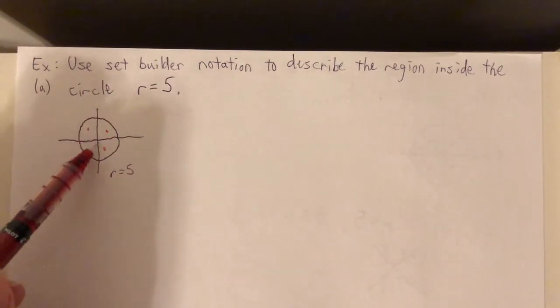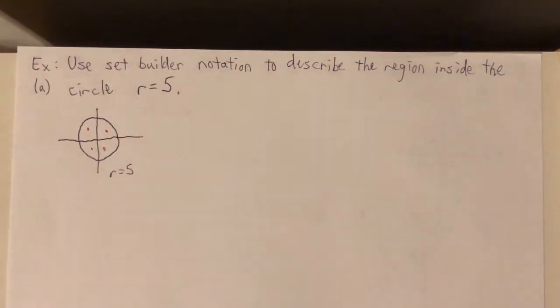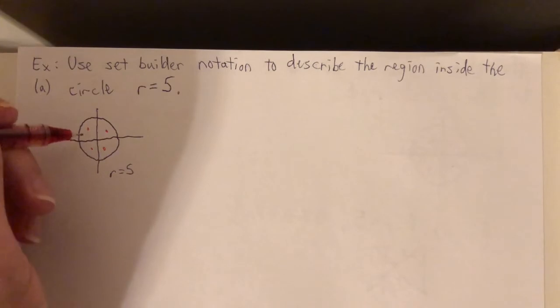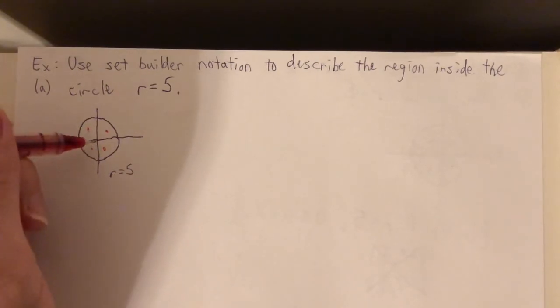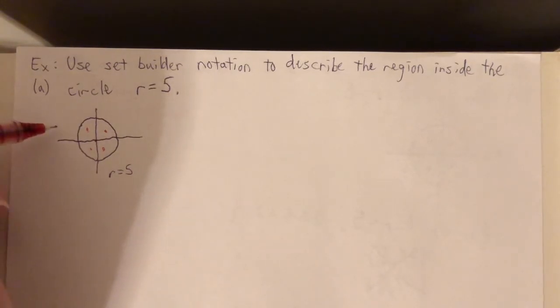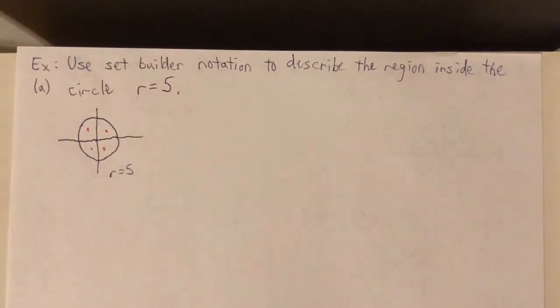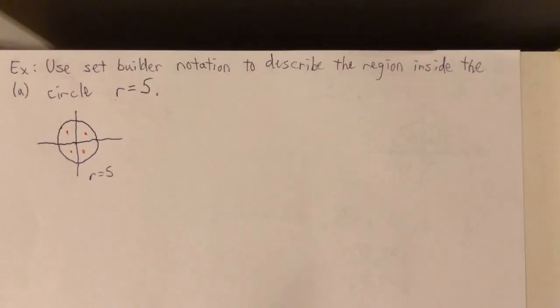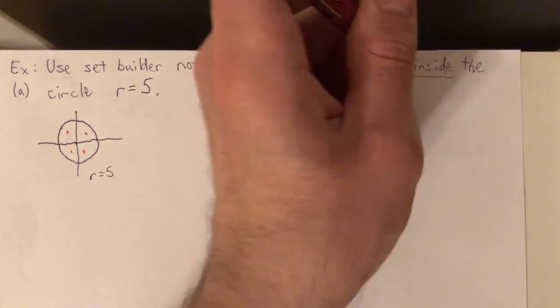So the circle, the black circle, is the set of all points that are 5 units away from the pole. If I'm inside the circle, that means I'm closer to the pole than the circle. If I'm outside the circle, that means I'm farther away from the pole, right? More than 5 units away from the pole. So that's the key thing to look at when we're talking about points inside the circle.